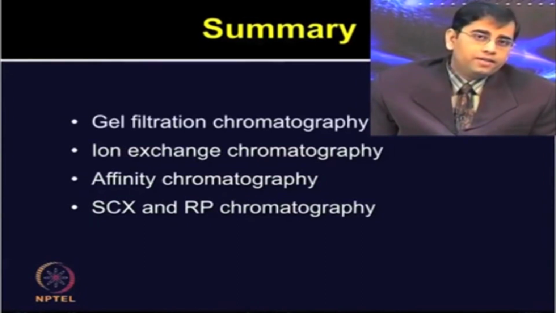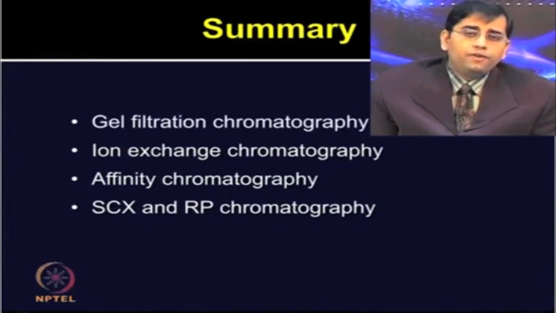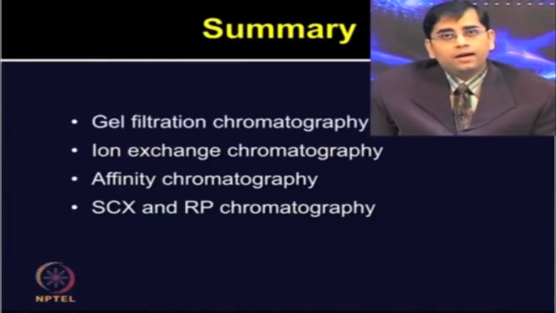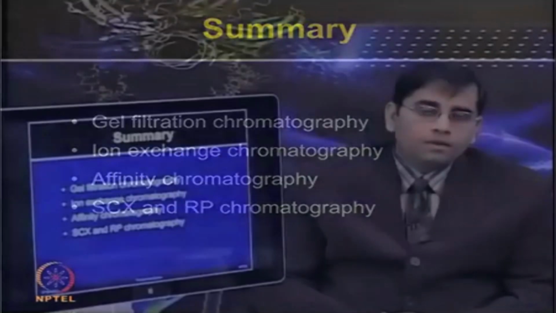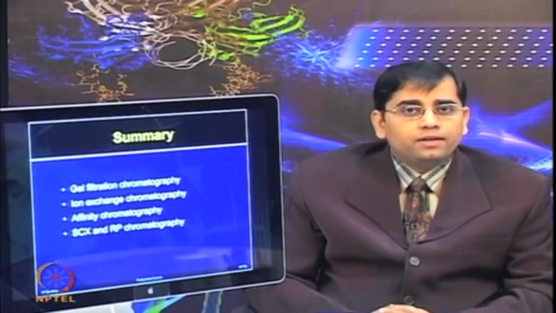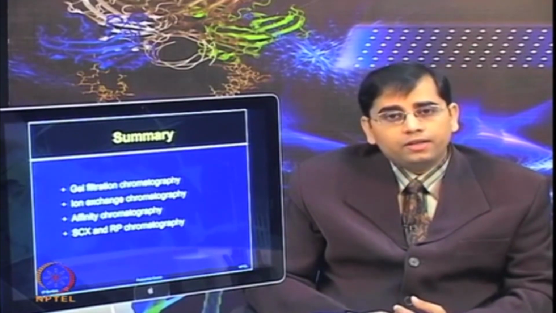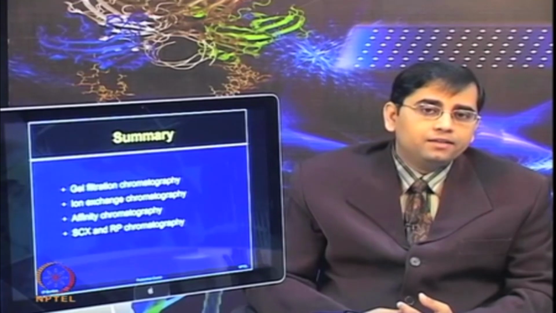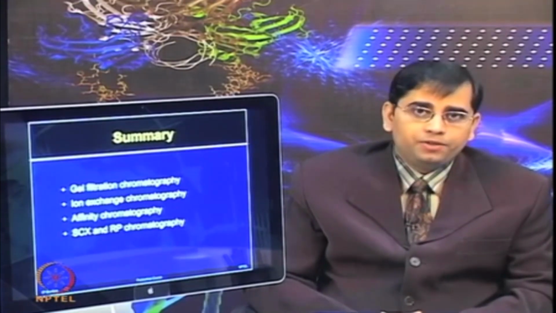Strong cation exchange and reverse phase HPLC are fundamental tools for the isolation and analysis of peptides. Nanoliquid chromatography, which makes use of C18 capillary columns, has gained popularity for proteomic studies due to its ability to achieve fine separation.